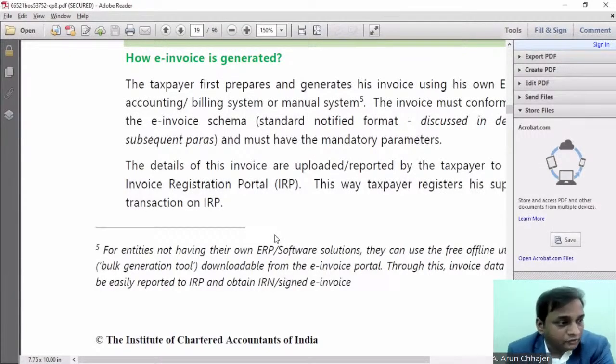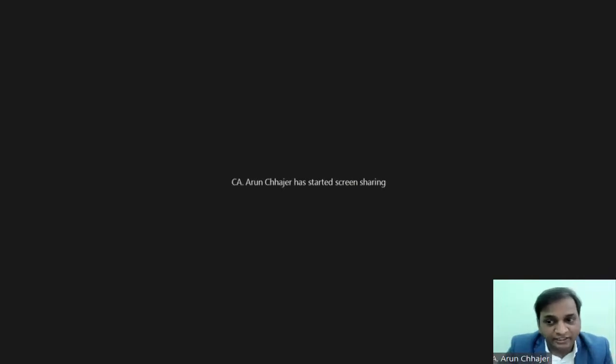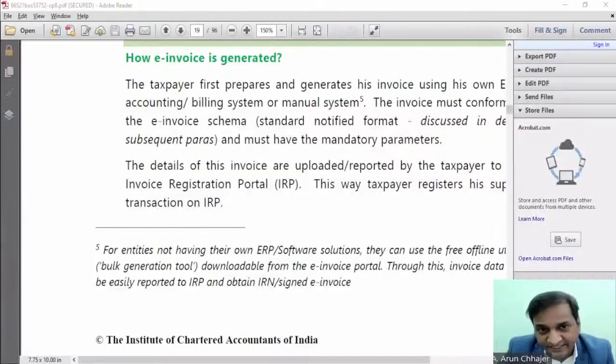Now Sunil Dubey is asking, can you please explain it again? Clause B is saying that if the value is less than 200, I have the option to consolidate it, and I am not required to issue the invoice for making the supply to an unregistered customer.